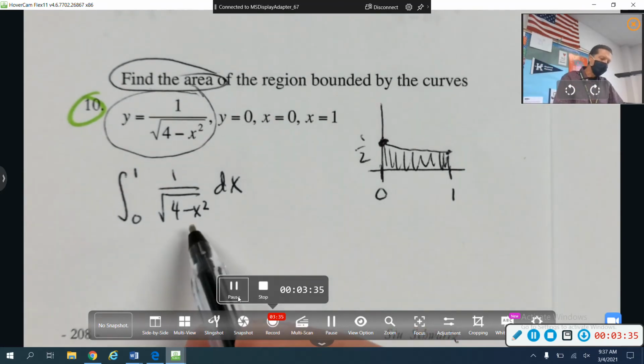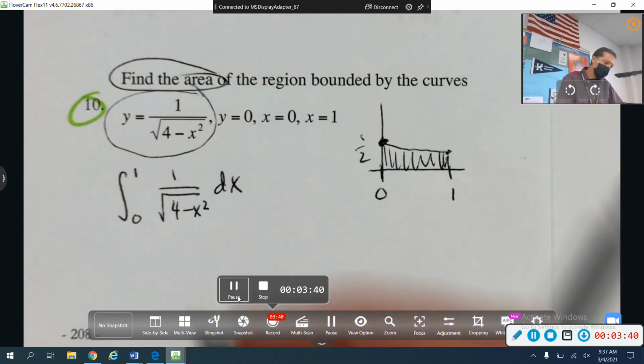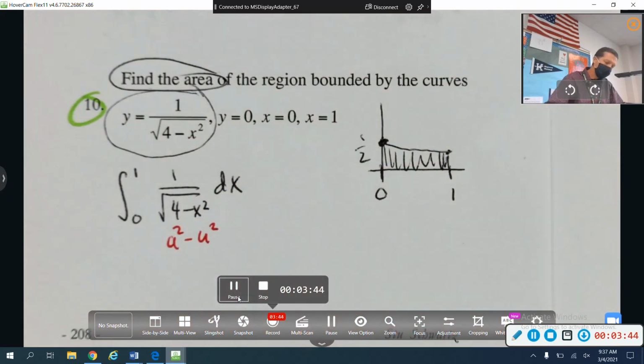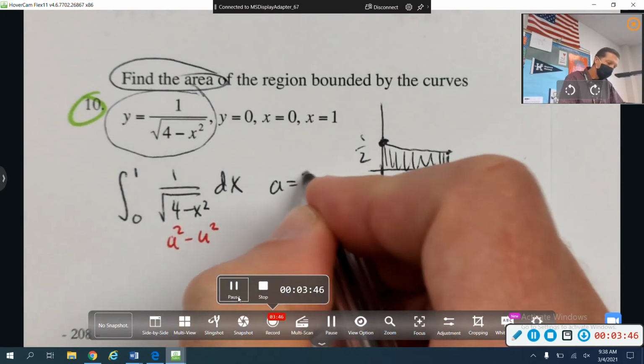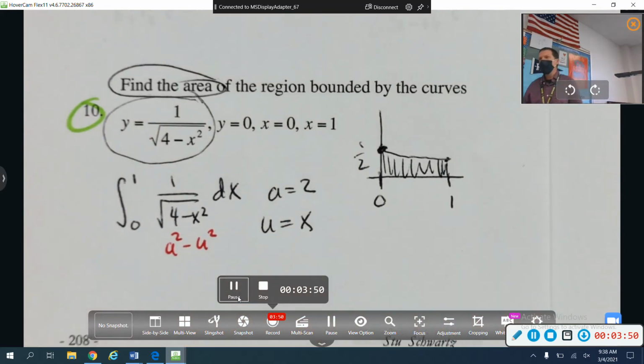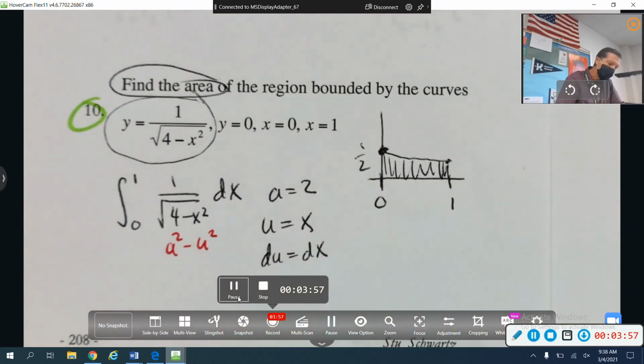So what does this look like? Looks like inverse sine, a squared minus u squared. And it looks like things match up pretty well. A is 2. U is x, which we like because then there's no du dx fixing things we have to do. I guess maybe out of habit we should say du equals dx.